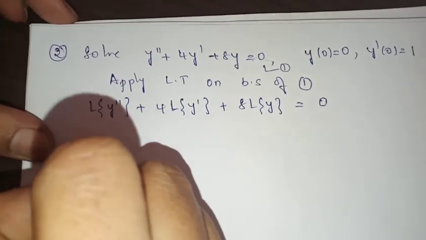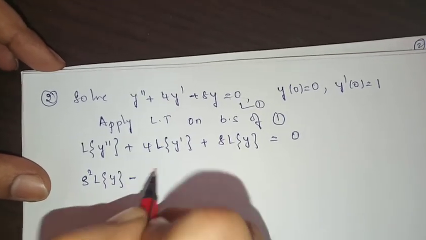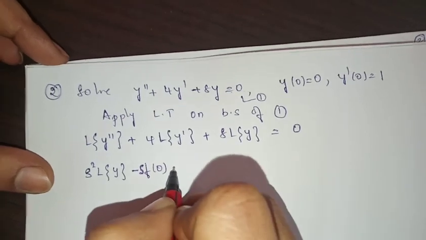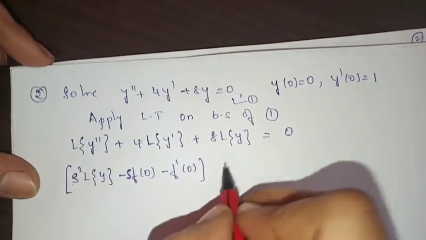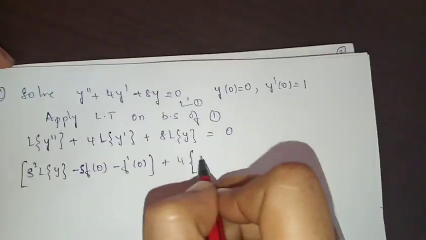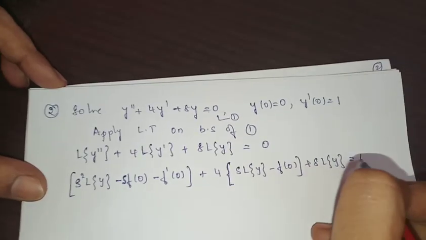Now Laplace transform of y'' will be s² into Laplace transform of y minus s y(0) minus y'(0), according to the property of derivatives, plus 4 into Laplace transform of y', which will be s into Laplace transform of y minus y(0), plus 8 into Laplace transform of y is equal to 0.